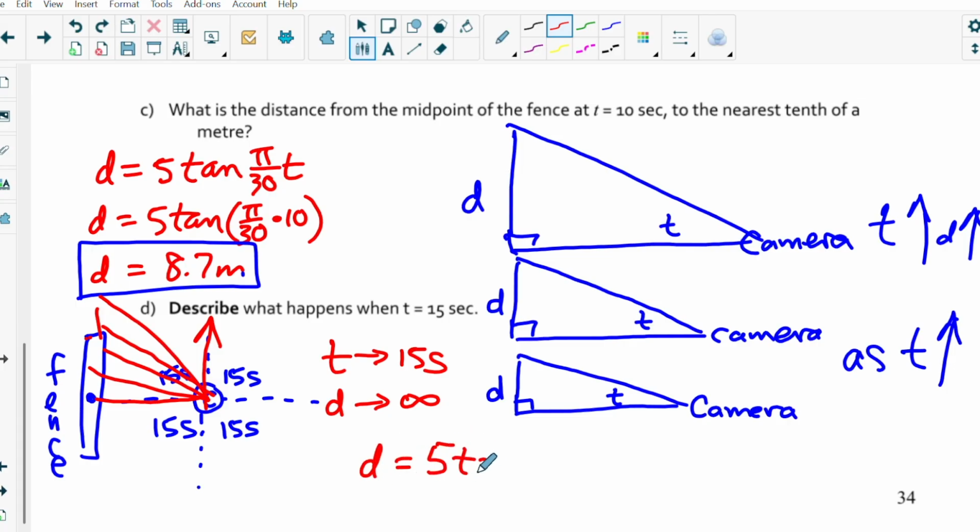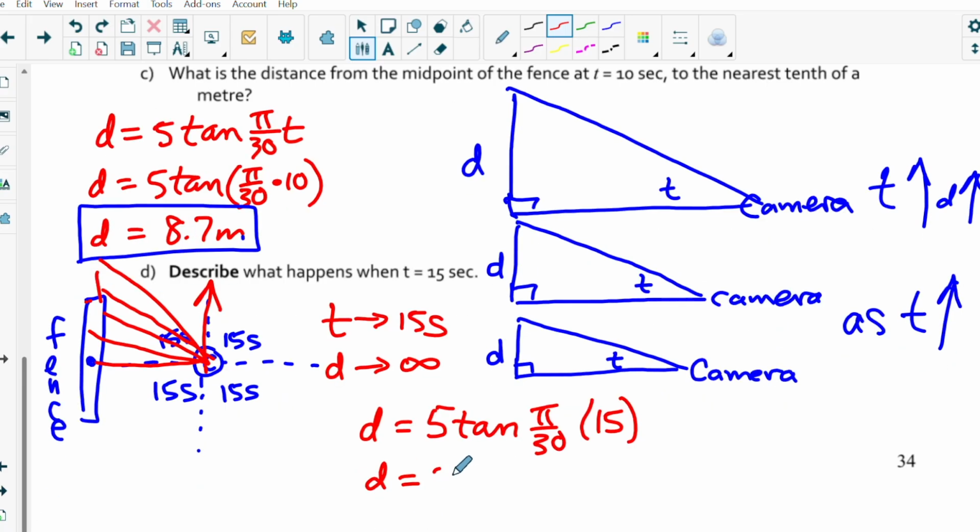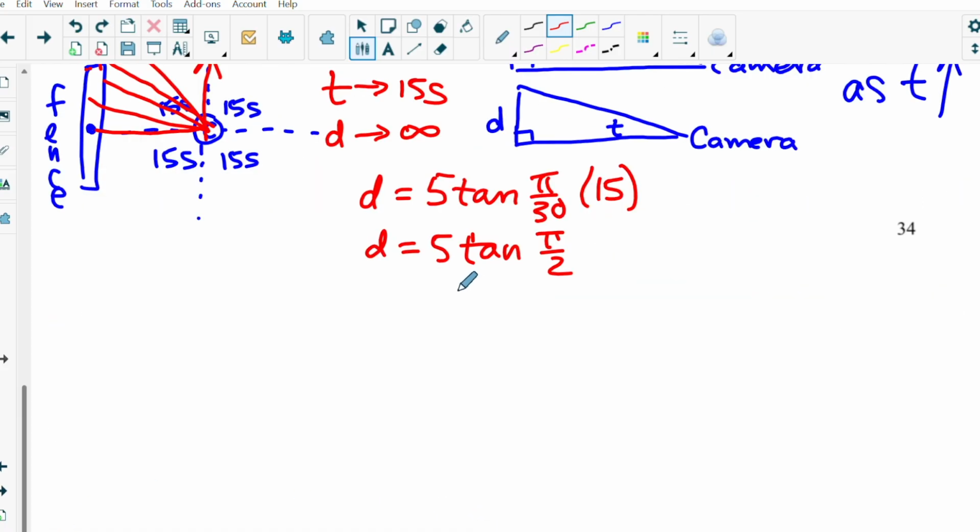D equals 5 tangent of pi over 30 times 15 seconds. So that's D equals 5 tangent of pi over 2. Well, we know that is undefined.